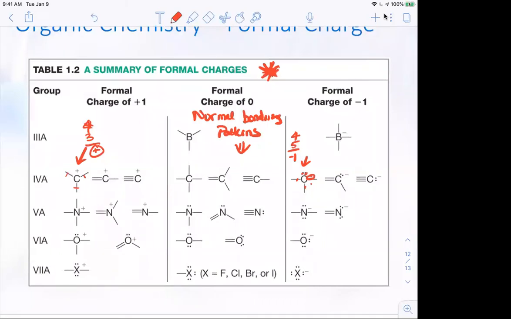So this is a chart that you probably want to evaluate, make sure you understand why the charges are where they are. And then as we start going into organic chemistry and we start looking at positively charged carbocations and negatively charged carbanions, we're going to see how we get those charges and how that influences the chemistry of those compounds. So that's all I have for this guy.